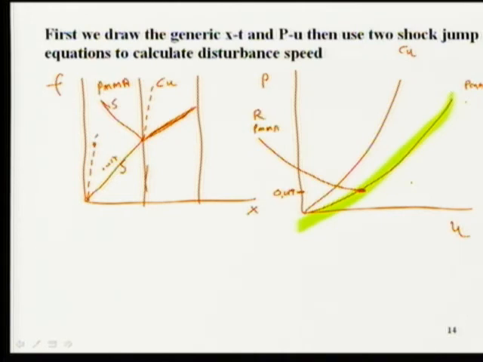And as we've noted before, because there's a boundary and they're still in contact, the pressure between these two fields has to be the same. Well, that means the pressure has to be there.